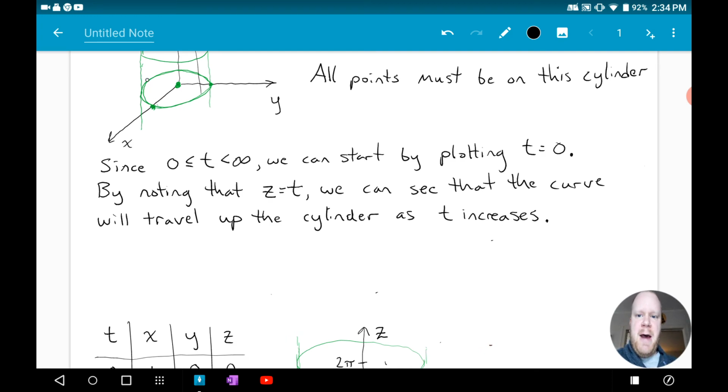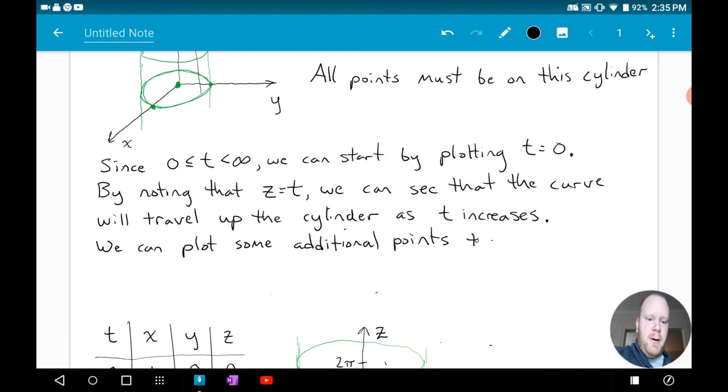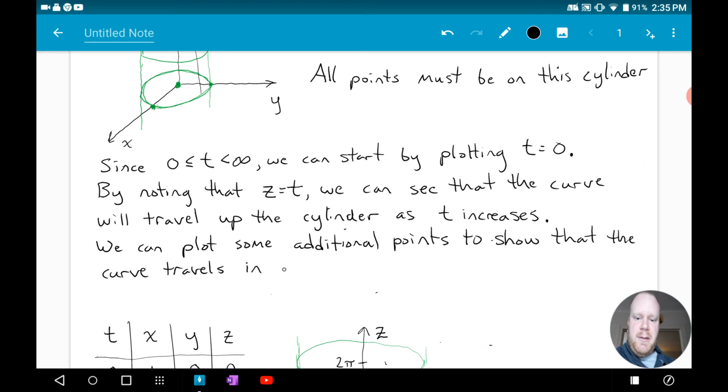In order to figure out the path that it's traveling, we know it's going on this cylinder and we know it's going towards the positive z direction, we can plot some additional points to show that the curve travels in a counterclockwise direction.